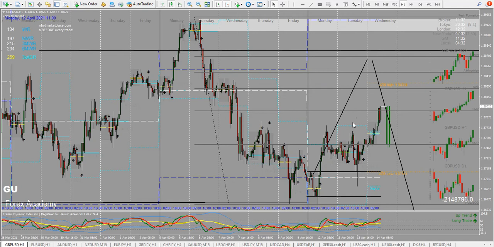And then in this instance, we identify the low of the previous day, which was Friday, and then we see the New York high, and then let me identify the 14th hour candle.